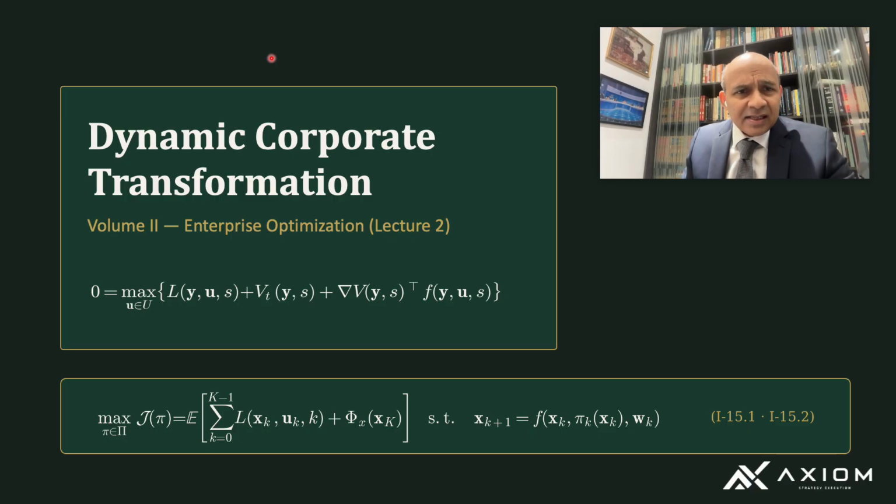V of y and s is the optimal value function over here. And this is with respect to the state vector y.